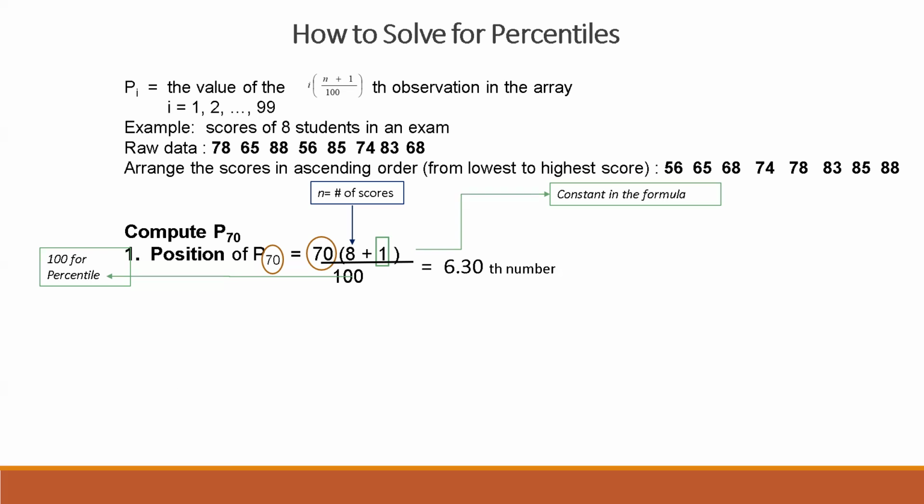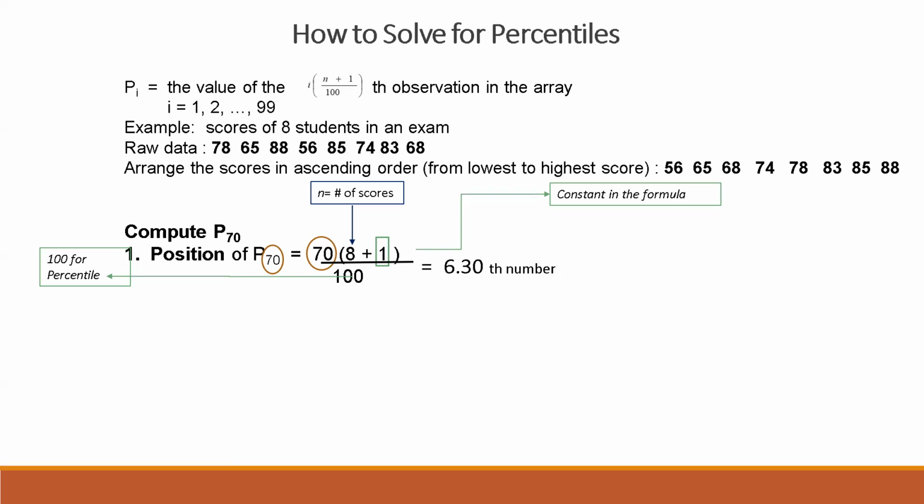Now, we solve for the position of the 70th percentile. So we substitute in the formula. So I becomes 70 because we're looking for the value in the 70th percentile. Then n is 8 because there are 8 scores. So 8 plus 1, 1 is constant, so 8 plus 1 is 9.